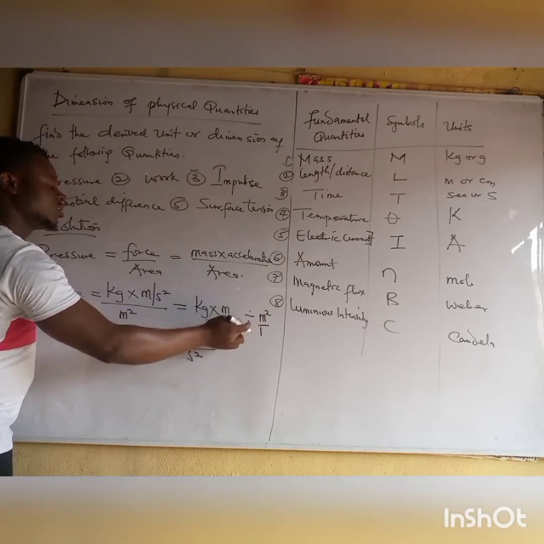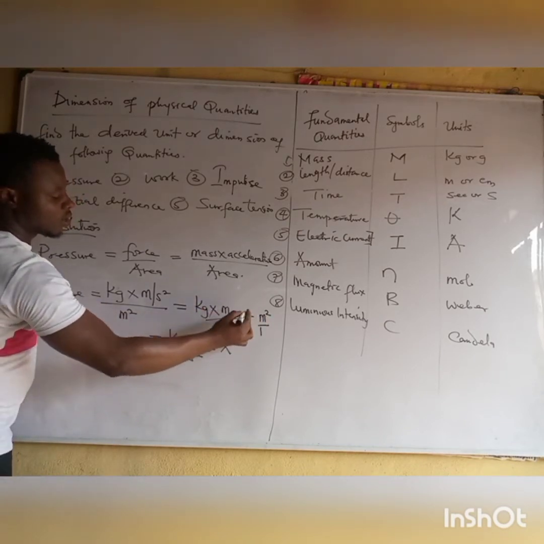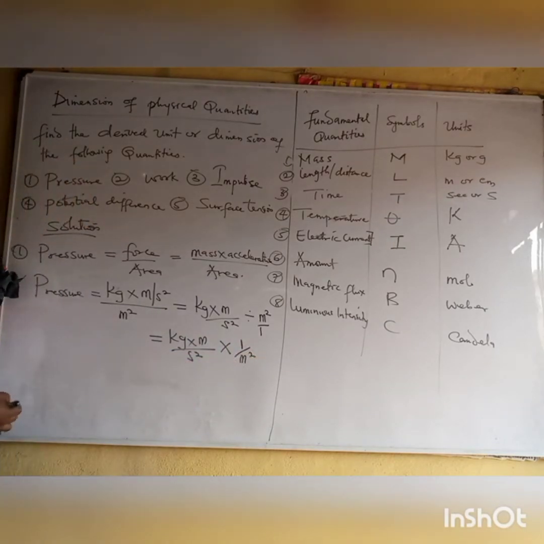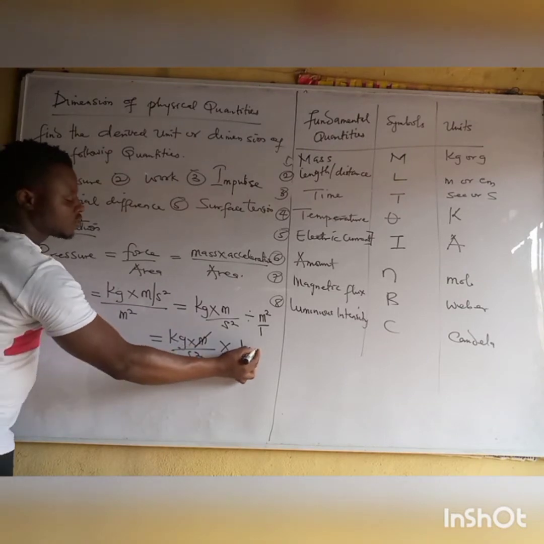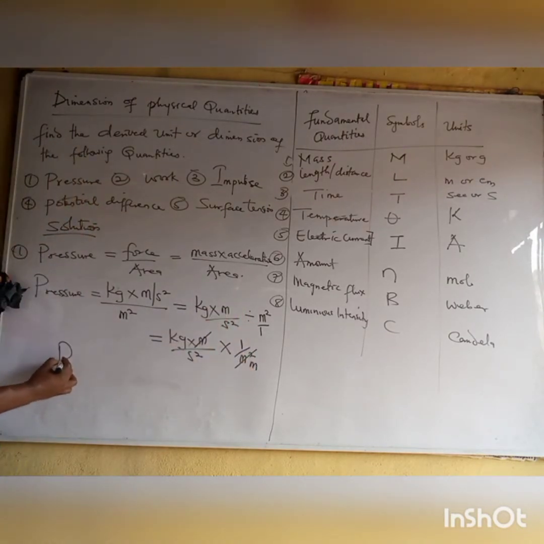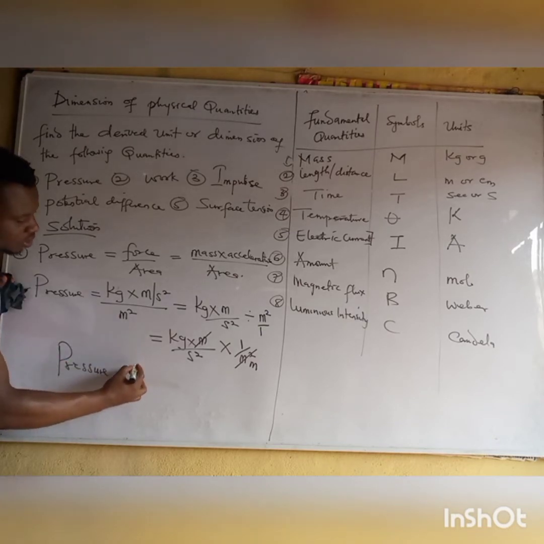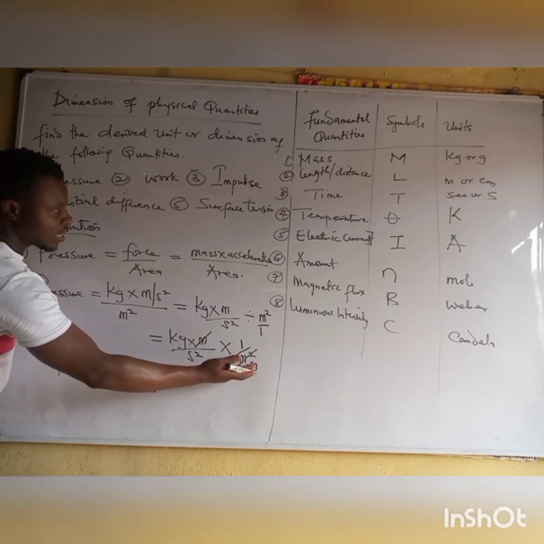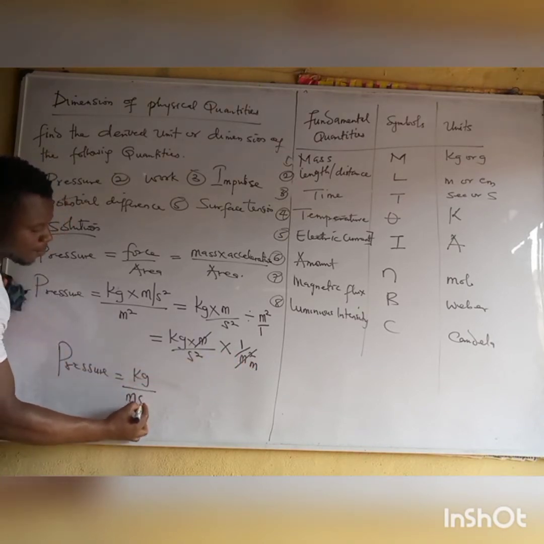When we change this into multiplication, we have 1 over m square. So this m can cancel this m, leaving us 1m. So pressure is given as kg over m s square.